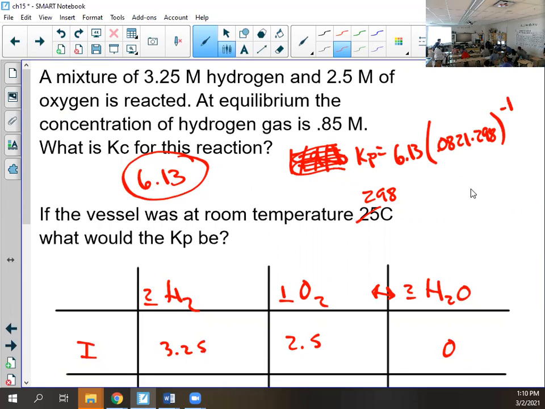Why would it be -1? Because it's 2 moles minus 3 moles. Moles of products minus moles of reactants. And what did Kc end up being? If I got 6.9 for the first one, there's something wrong. That'd be too far off.